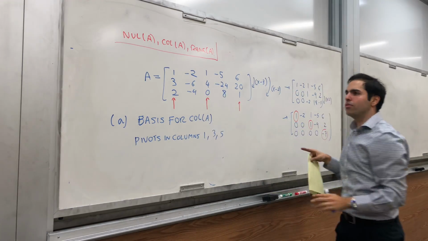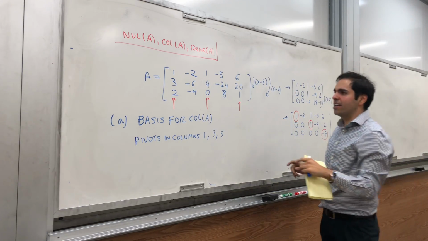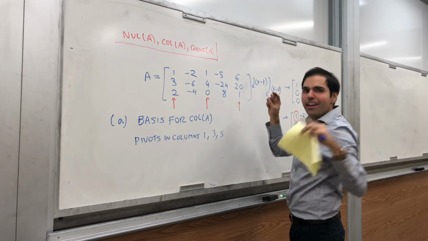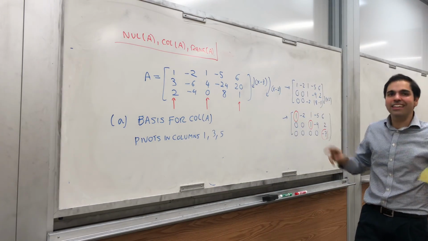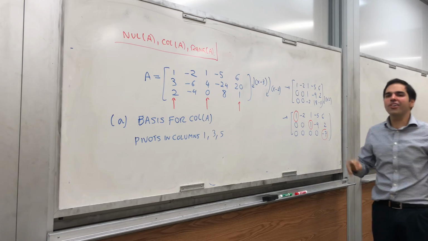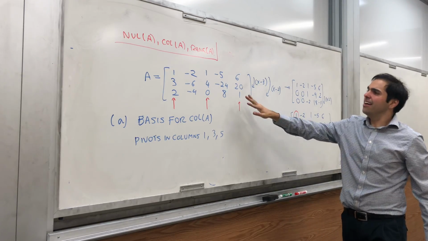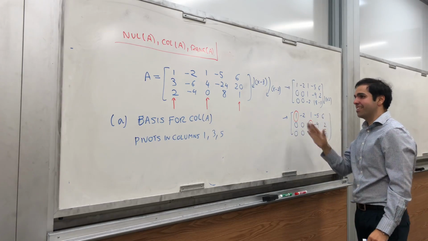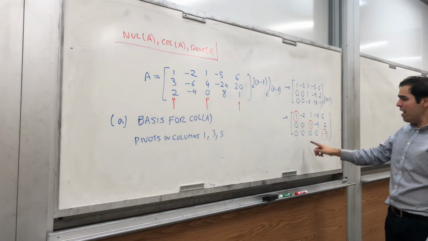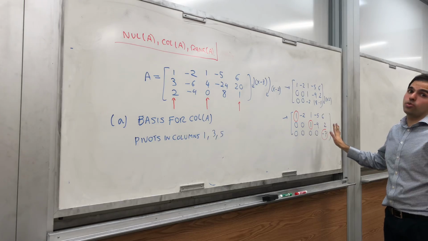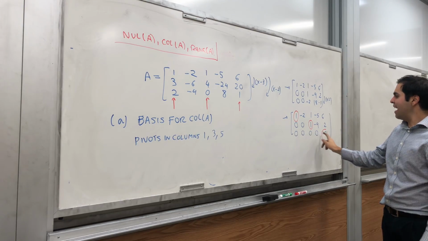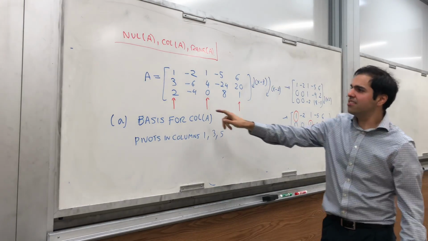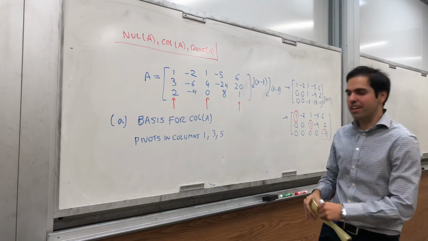And I put quotation marks because technically a set is linearly independent or dependent, not vectors. However, row reduction destroys the span. So the span of those 3 vectors is not the same as the span of those 3 vectors.